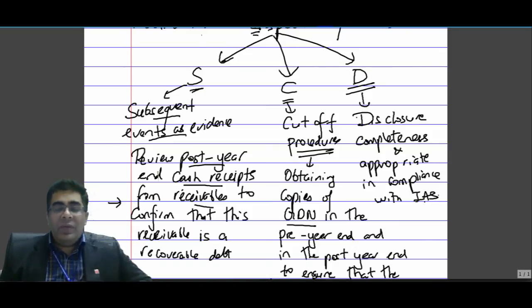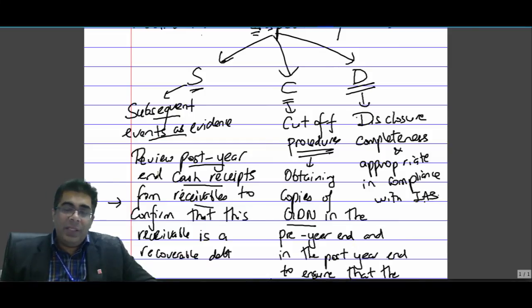I always joke with the students that when you run out of audit procedure points, you can always add one more point: that you must review the disclosures' completeness and appropriateness to ensure they are in compliance with the IFRS.